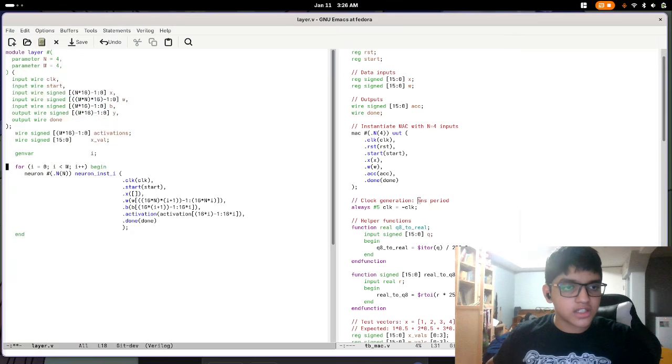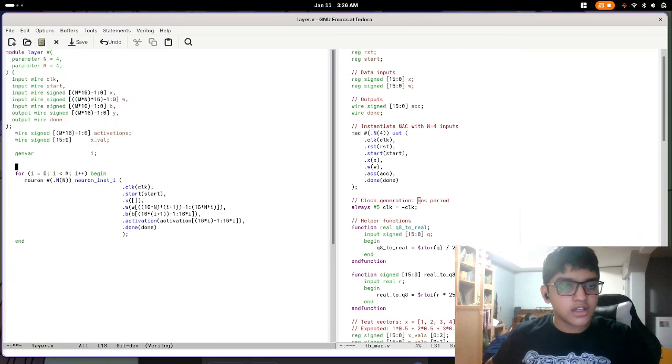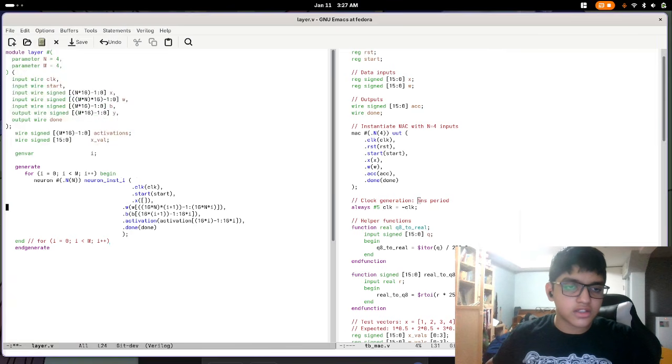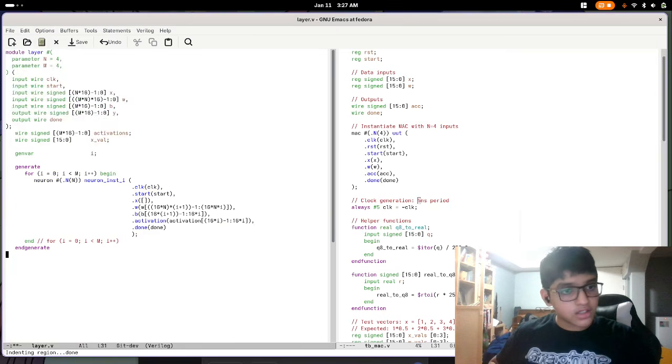Then this has to be in a generate, so generates and generates. And we should be able to, can I just do this? And yes, I can. Amazing.